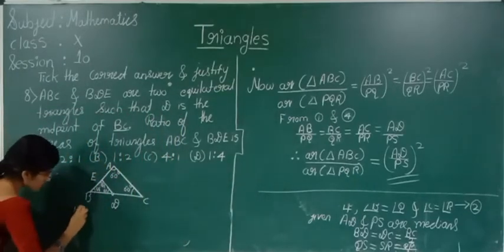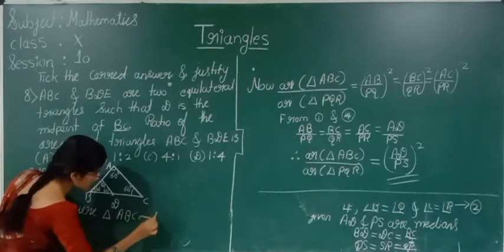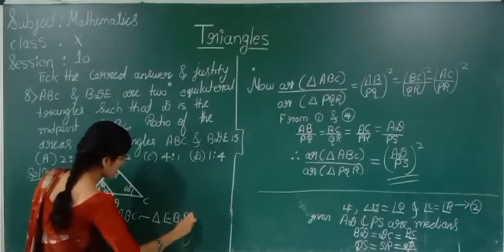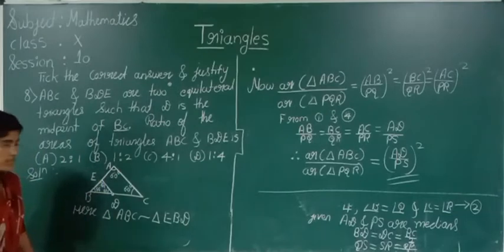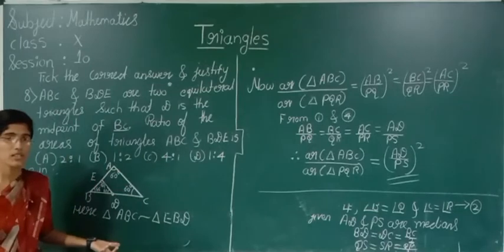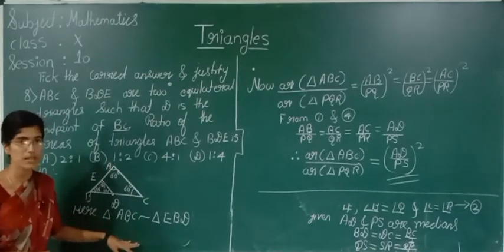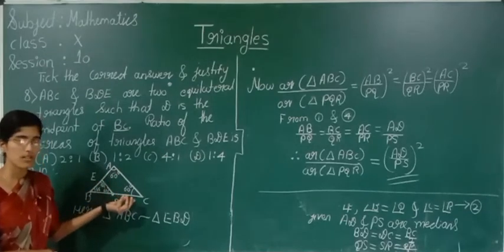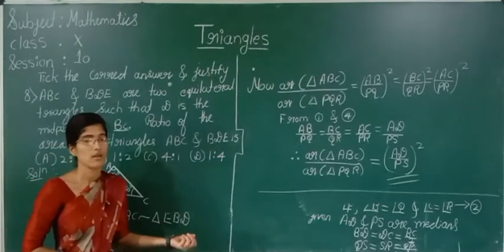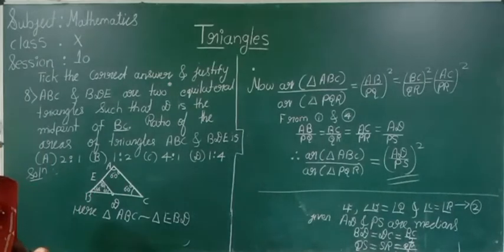Here triangle ABC is similar to triangle EBD. Yes, because all angles are equal and all sides will be in the same ratio, right? Here all angles are equal. Definitely we can tell that these two triangles are similar, because all equilateral triangles are similar to each other.